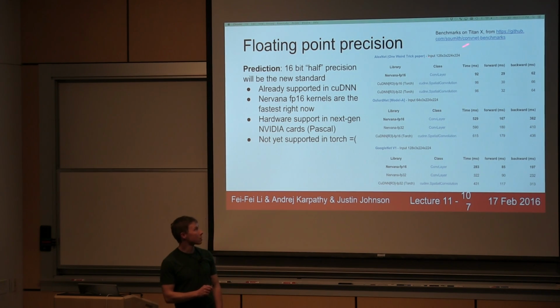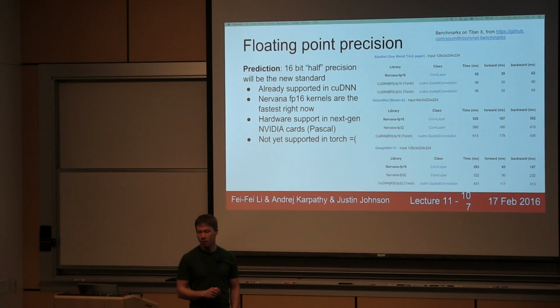There's a nice GitHub repo that has different kinds of ConvNet benchmarks for different types of convolutions and frameworks. Pretty much everything winning all of these benchmarks right now are these 16-bit floating point operations from Nervana, which is not surprising, right? Because you have fewer bits, so it's faster to compute with them. But right now, there's not yet framework support in things like Caffe or Torch for utilizing this 16-bit computation, but it should be coming very soon.